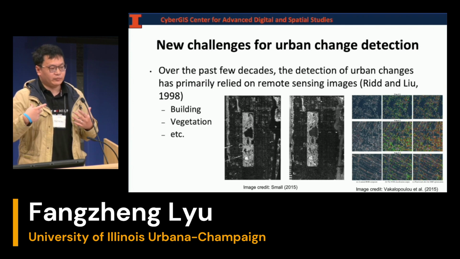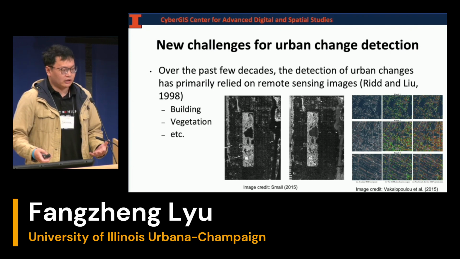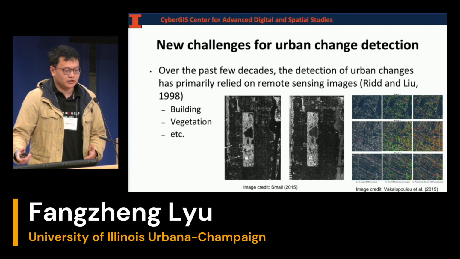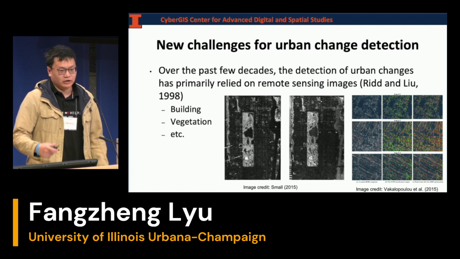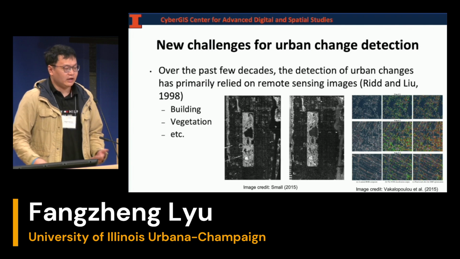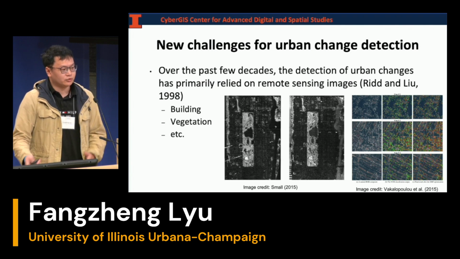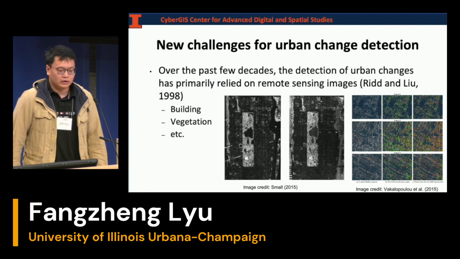There is a lot of literature out there on how to use remote sensing imagery, specifically satellite remote sensing imagery, for change detection. Those algorithms have been proven to be very efficient.